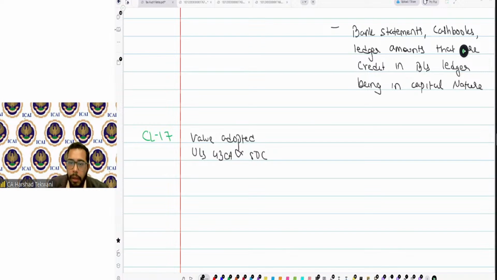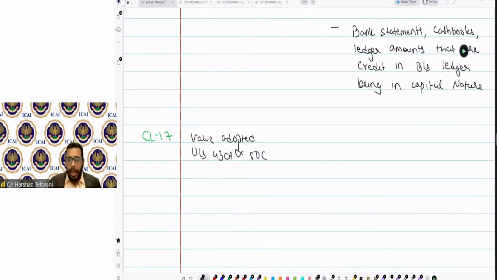Now, basically, when I talk about 43CA, it's a special provision for full value of consideration of transfer of asset other than capital asset in certain scenarios. Okay. And if you see in that particular section, where the consideration received or accruing as a result of transfer by any assessee, being land, building, or both, is less than the value adopted or assessed or assessable by any authority of a state government for the purpose of payment of stamp duty value.